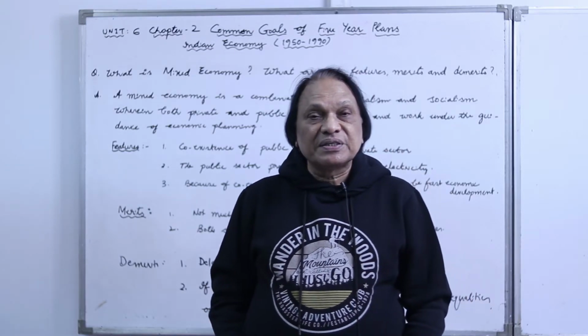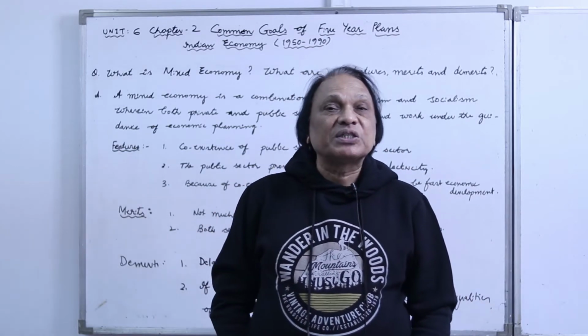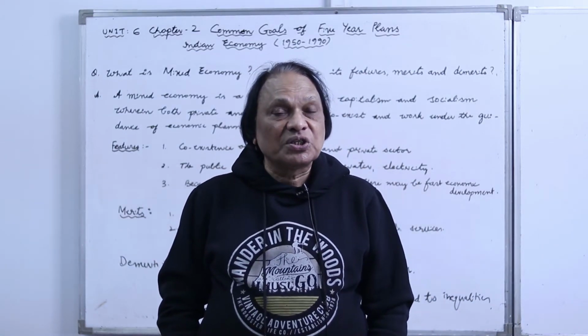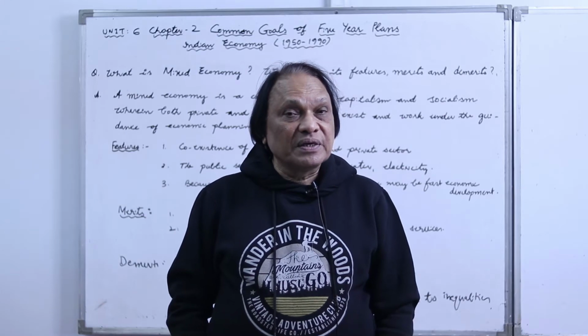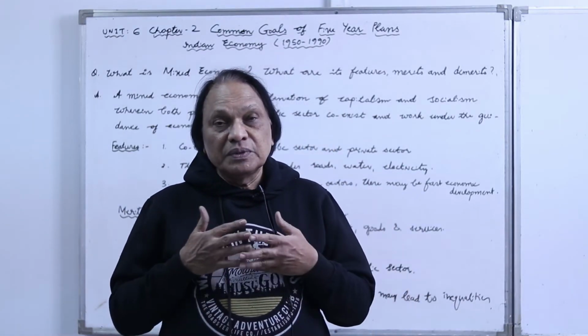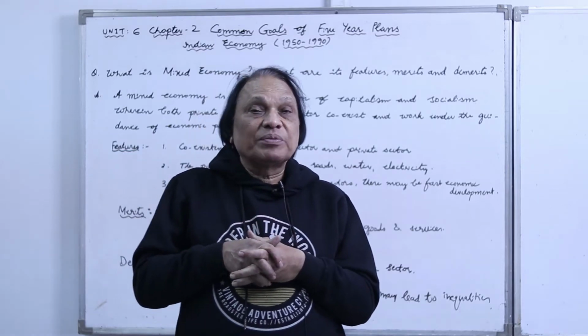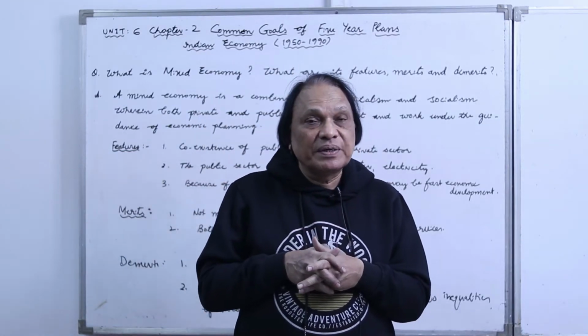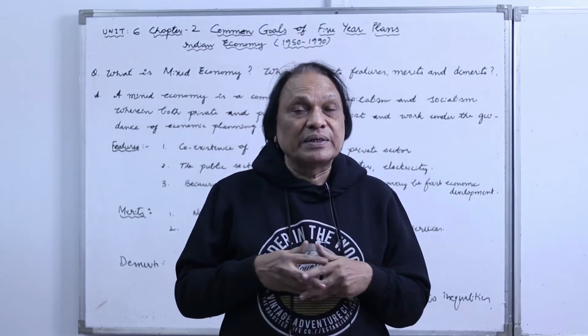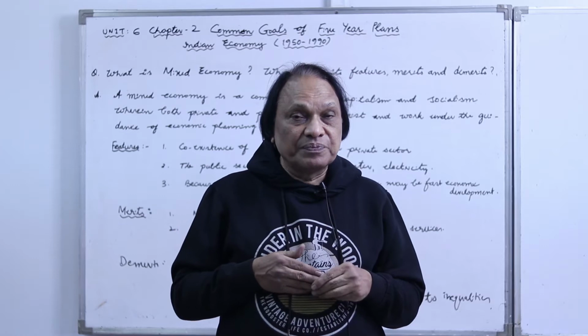We have already discussed in detail about the capitalist economic system and the socialist economic system, and today we'll be discussing in detail the mixed economy. What exactly is a capitalist economy? We discussed that in a capitalist economy, all the means of production are owned, controlled, and operated by the private sector.